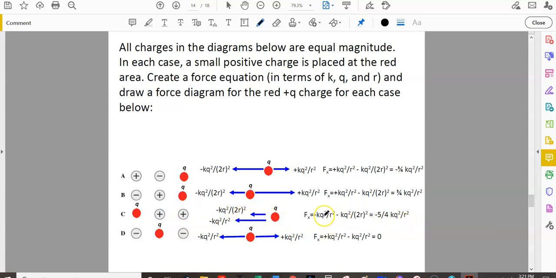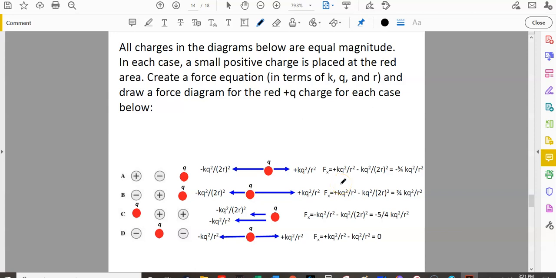So that's going to result in a negative kq squared over r squared, due to this guy, plus a negative kq squared over 2r squared, which is 4r squared. That's negative 1 minus a fourth, which ends up being negative 5/4 kq squared over r squared.